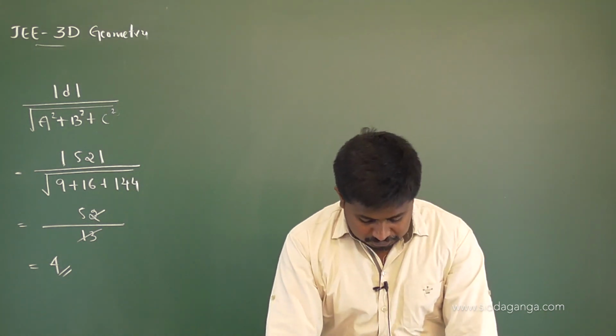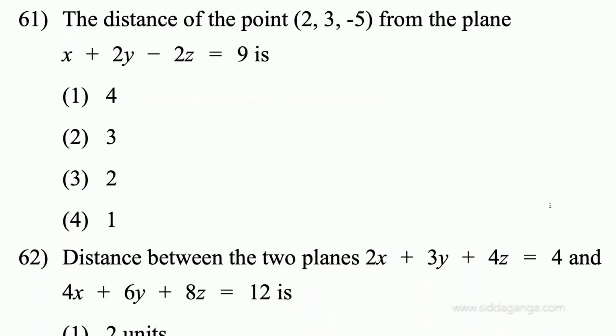Okay, let me move to question number 61. Question number 61, the distance of the point 2, 3, minus 5 from the plane, a simple one. We have a formula to find the distance between a point and a plane, right? What is that?